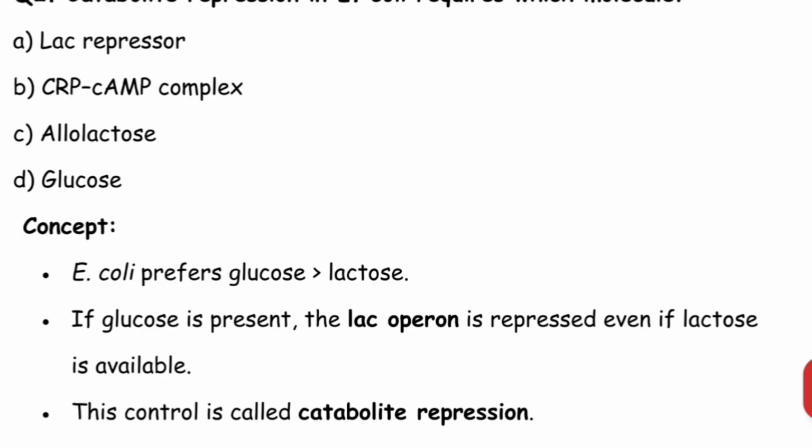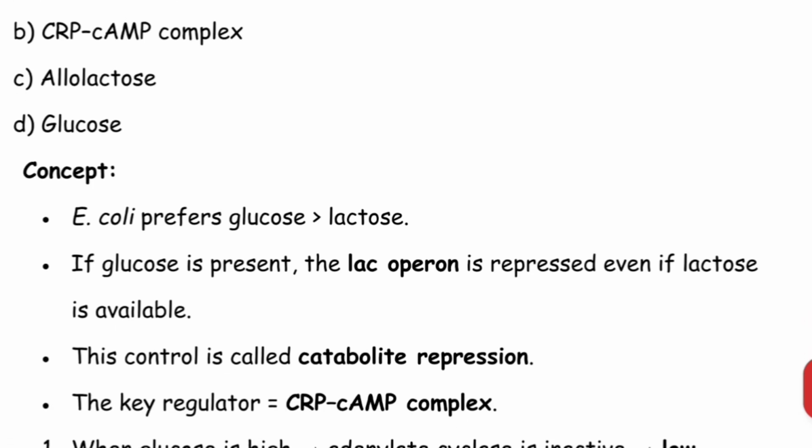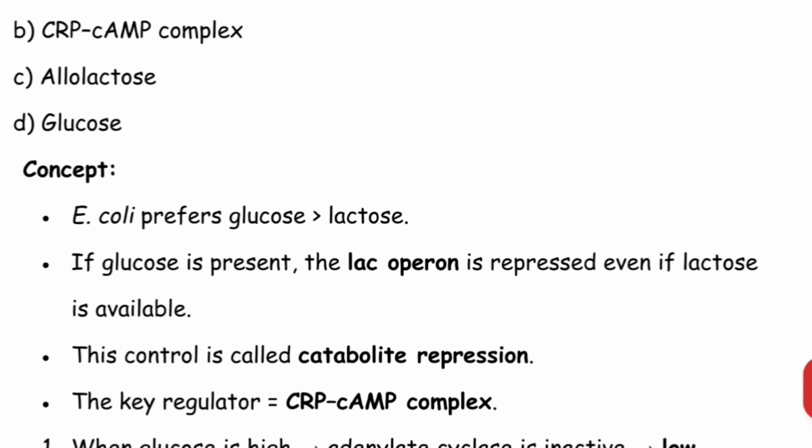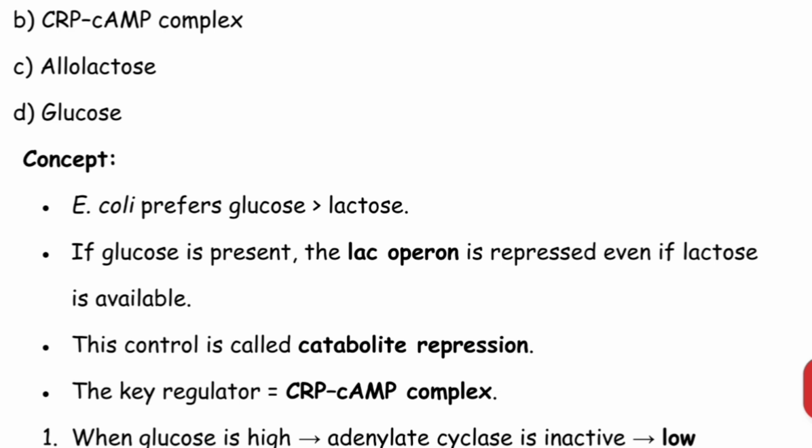E. coli prefers glucose over lactose. Lactose is a disaccharide made up of glucose and galactose, whereas glucose is a monosaccharide. As a result, it is a simple sugar that is easily utilized by these prokaryotic cells, and that is why E. coli, which is a bacterium, prefers glucose over lactose.